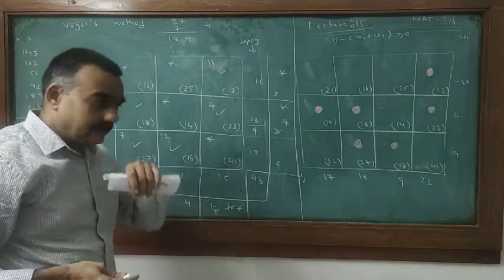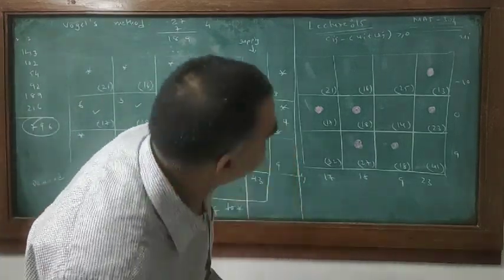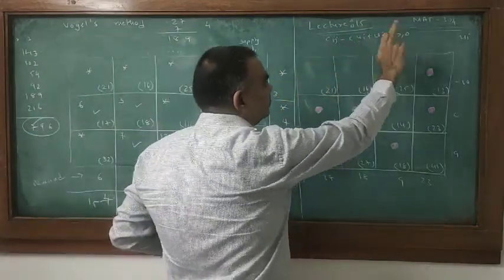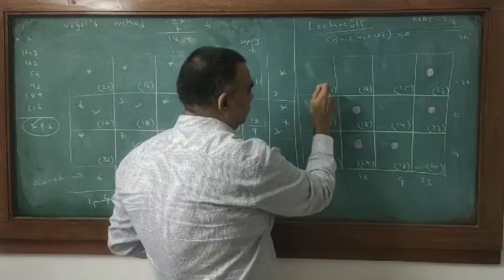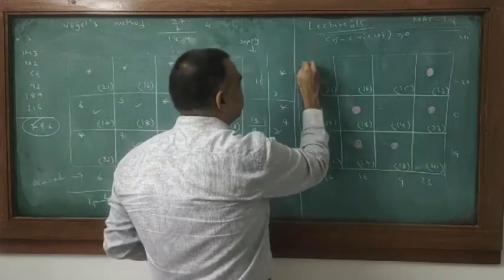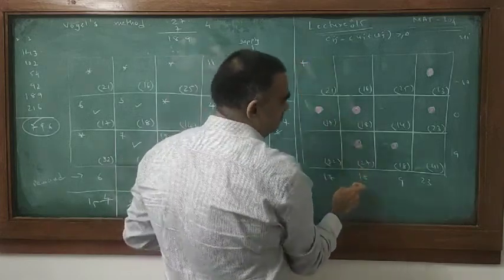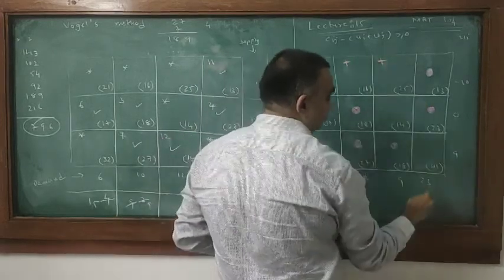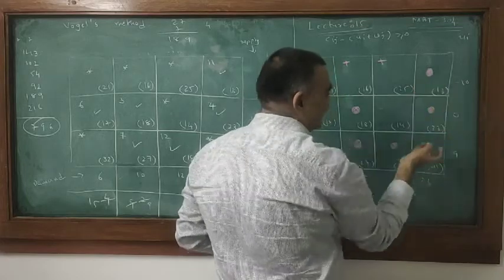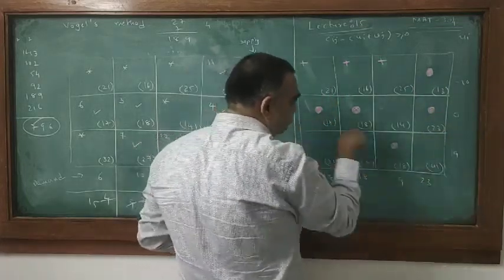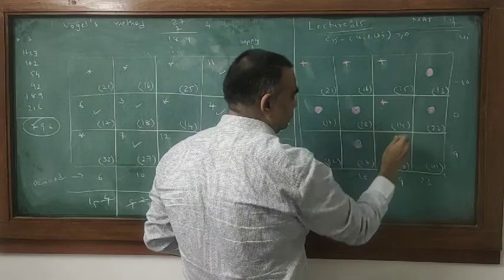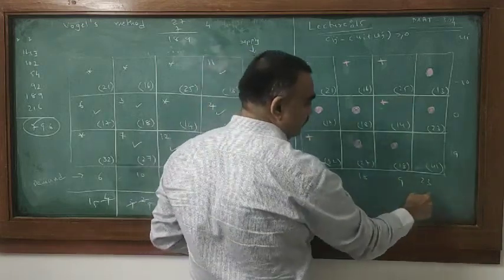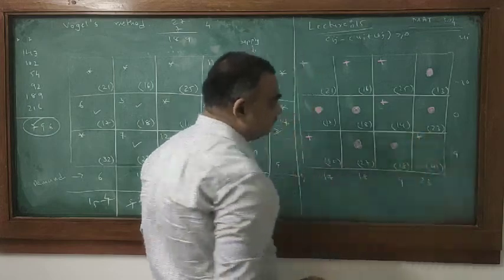Now we have to calculate Cij minus (Ui plus Vj), which means it is 21 minus 7, so this is positive. Here we need not calculate, it is obviously positive, and here it is positive.